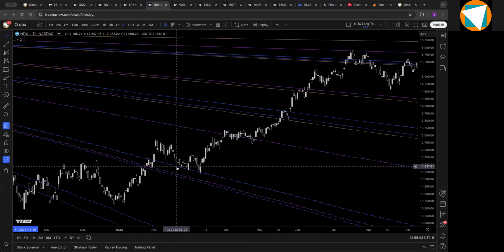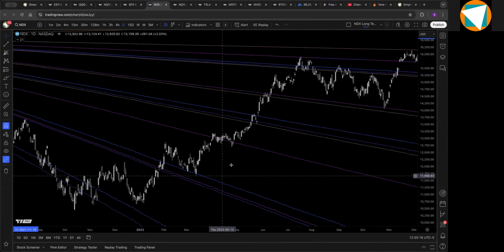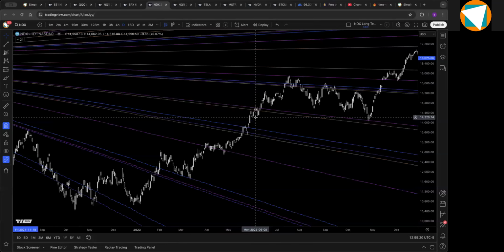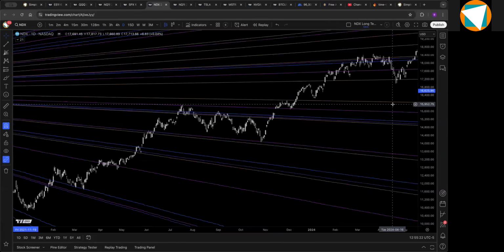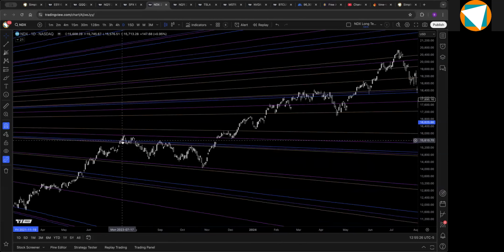Jupiter Neptune Synodic provided spectacular support as price was emerging from that bear market, and also provided important levels on the way up. So this is definitely not a combination to be ignored.